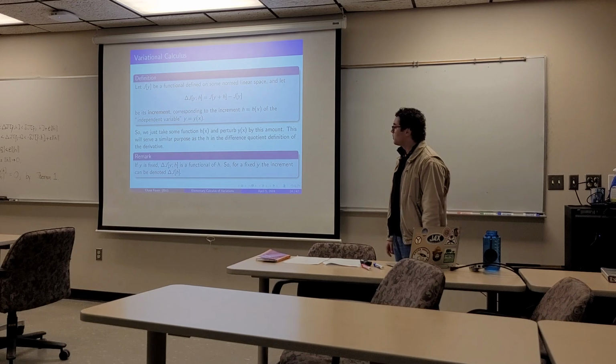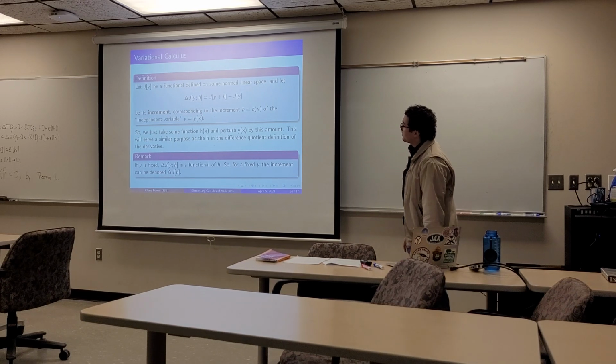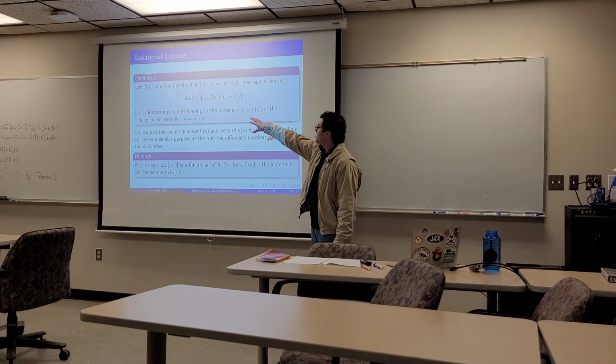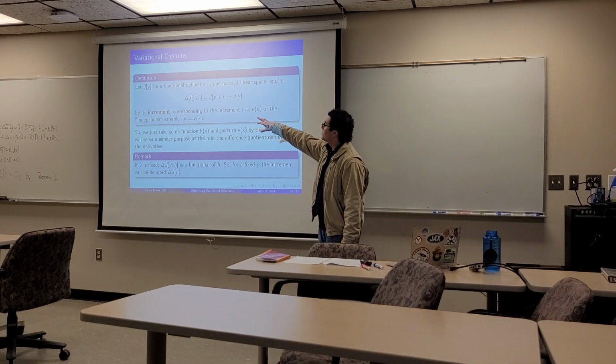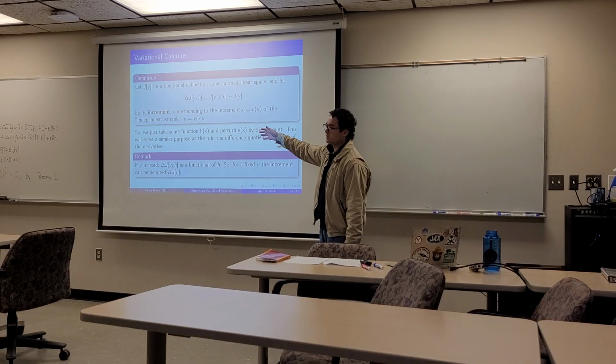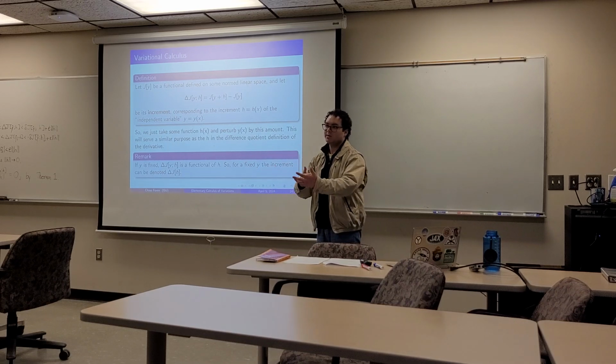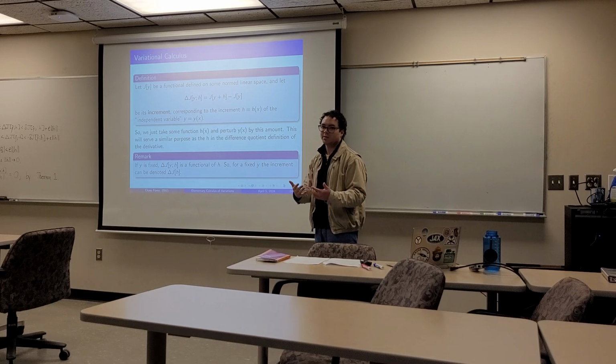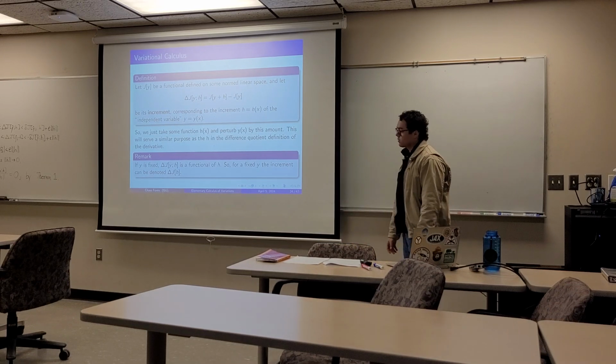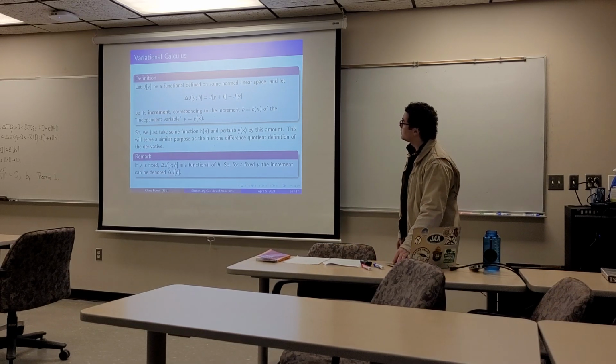So pretty familiar. Sometimes you'll see notation where, when they're talking about the increment at a point y in this linear space, they denote it as delta J of h, where your perturbation function is the only argument. So watch out for that. I thought that was a little unclear at times.